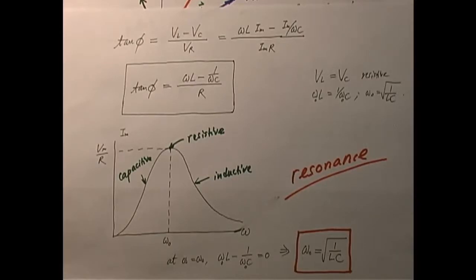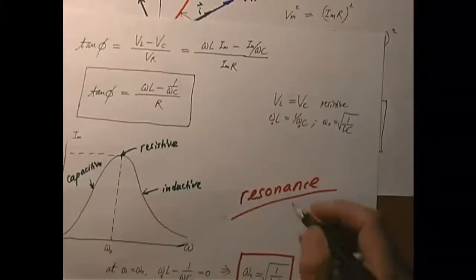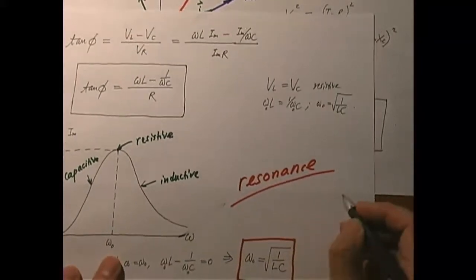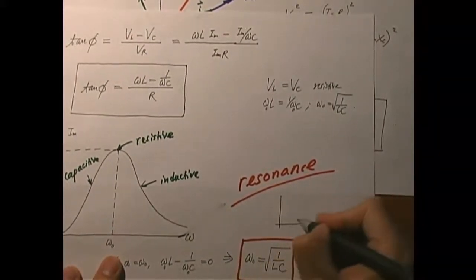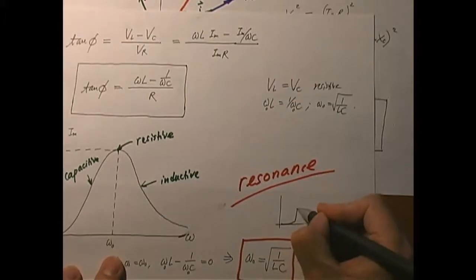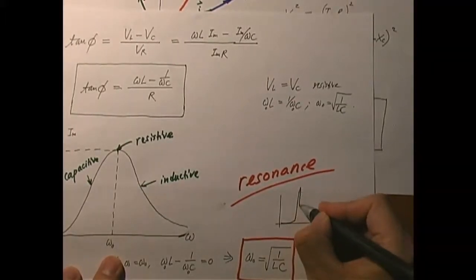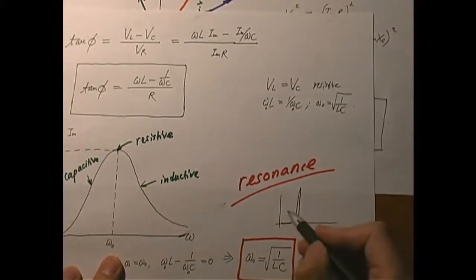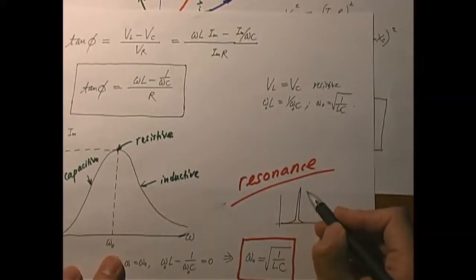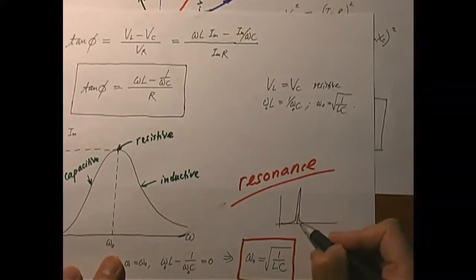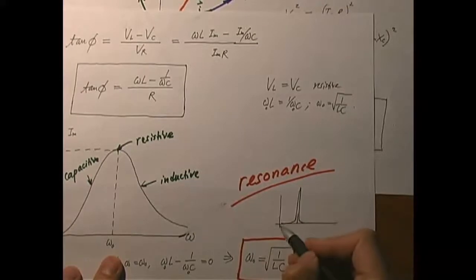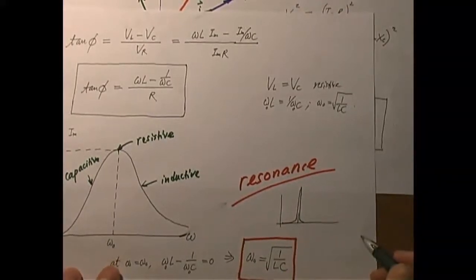If you change the resonance frequency to the frequency of another TV station, then you pick up that signal and suppress other signals. So for a good receiver circuitry, you would hope for something like this. It goes up dramatically and it goes down dramatically. You have a very selective peak. When the frequency matches, you get an extremely high response, and at other frequencies you get almost zero response.